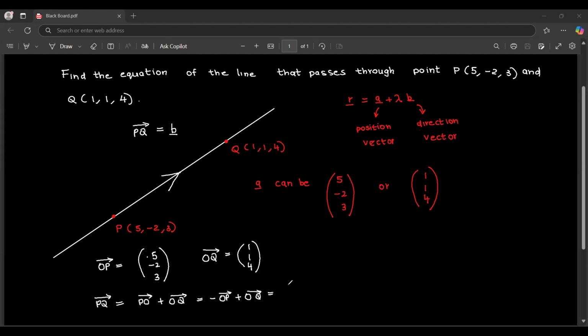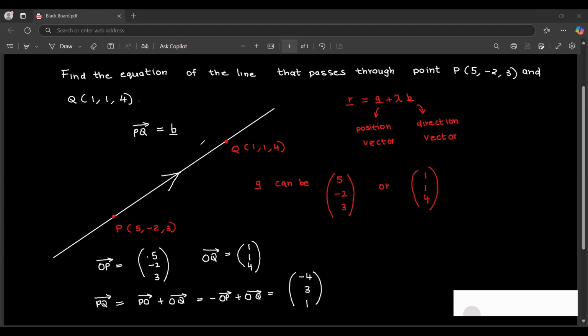If I add these two, I will get (-4, 3, 1). So now I know the direction vector is (-4, 3, 1). So b = (-4, 3, 1).